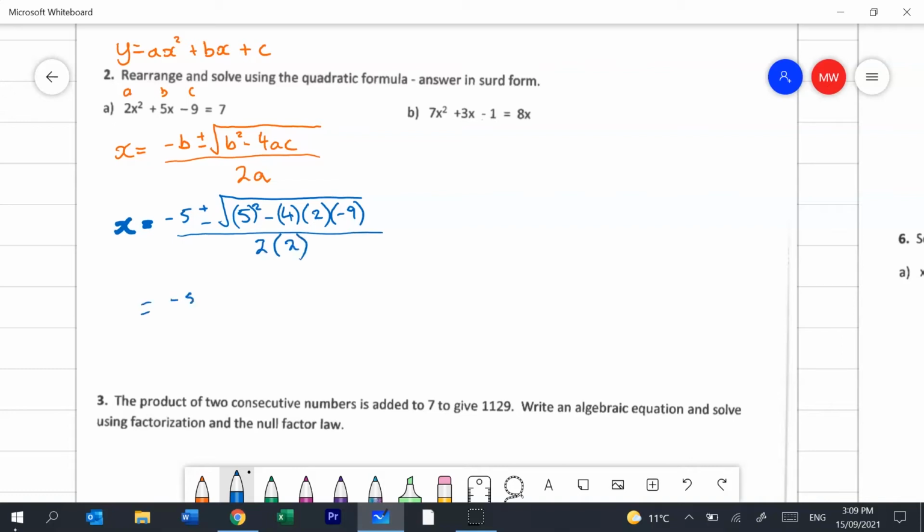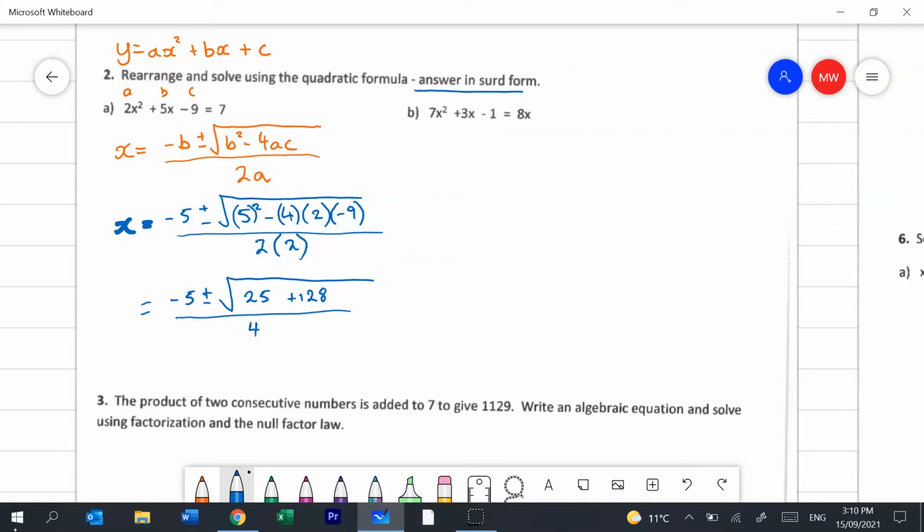Start to solve, minus 5 plus or minus the square root of 5 squared is 25, minus 4 times 2 times minus 9 will give me 128, all over 4.